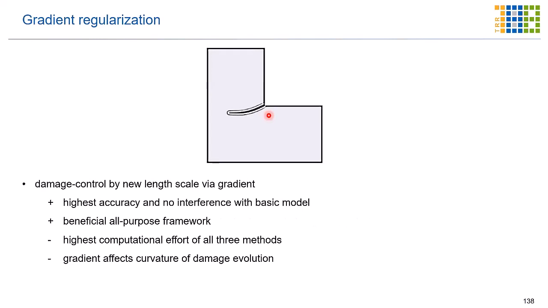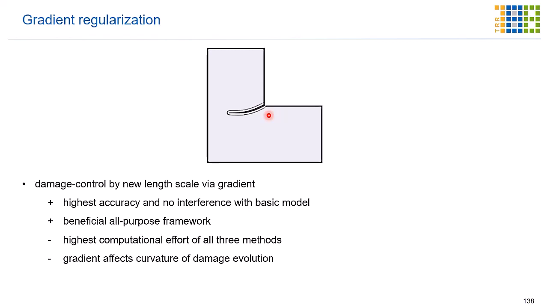The gradient regularization then adds a gradient term to the energy typically, so you have a higher order derivative. You may think of strains that are the spatial derivative of displacements. You can add a higher order derivative there, or you would add, like in this case, the gradient of the damage. So the whole evolution does not only depend on the damage, but on the gradient of the damage.